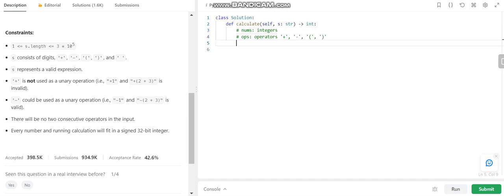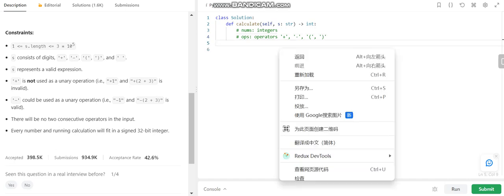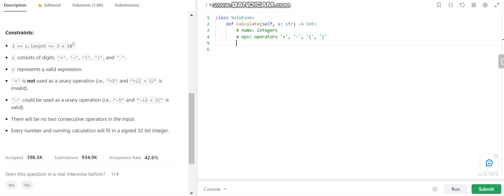And so then we would like to deal with all of the stuff. Firstly, I would like to deal with integers in S, because it is very simple. To deal with integers, our approach is basically that when we encounter integers, we will put integers into the nums stack.